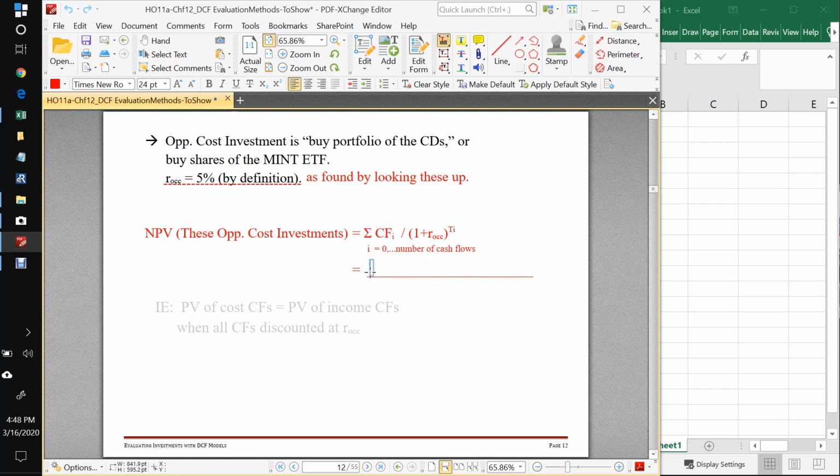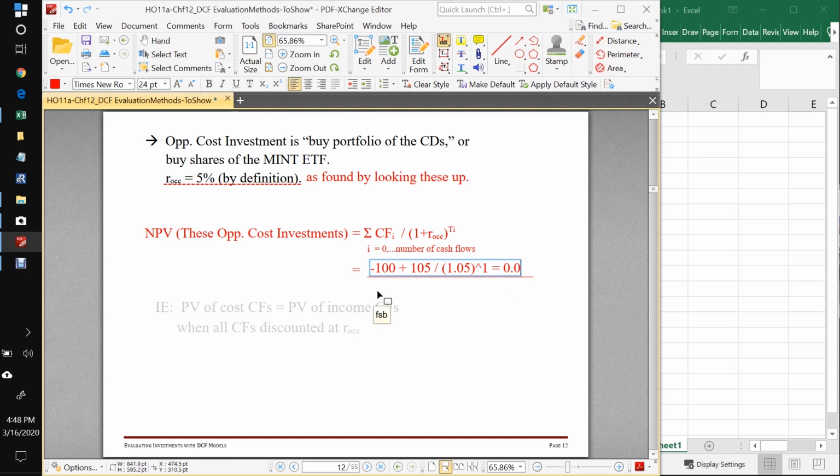So if we bought, we'd pay 100 here. And then we would get, after a year, these are 1-year investments, 105 divided by 1.05 because our opportunity cost of capital is 5%, raised to the 1, and that is equal to minus 100 plus 100 when you work all this out, and that's equal to 0.